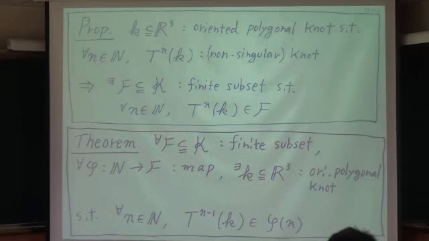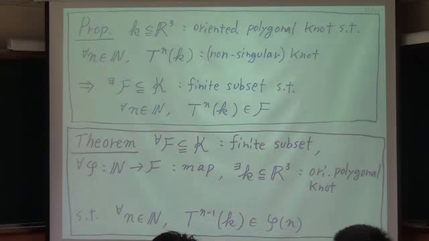for any infinite sequence of such knot types, there exists a particular representative K, which can be taken as an oriented polygonal knot, such that if the knot type of T^(n-1) K is phi(n), so for n equal to 1, T^0 K means K, and K is phi 1 and TK is phi 2, and T twice K is phi 3, and so on.